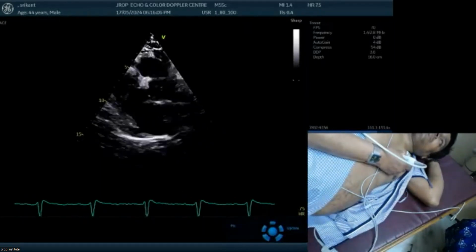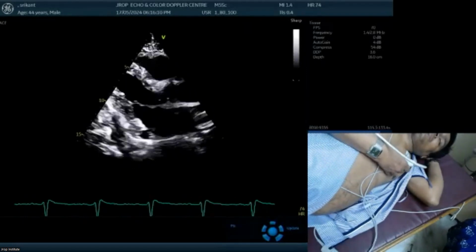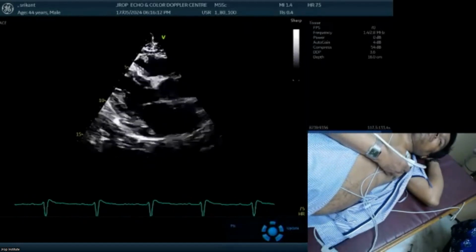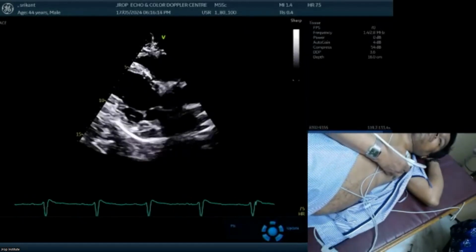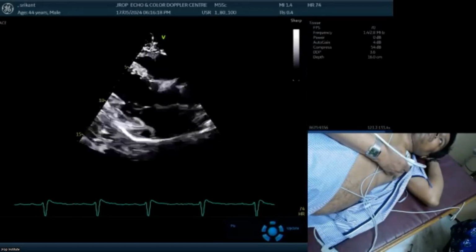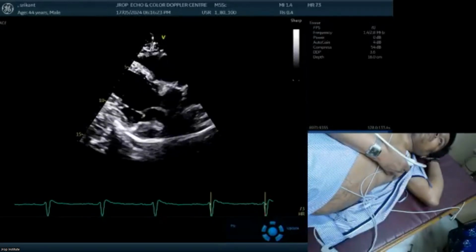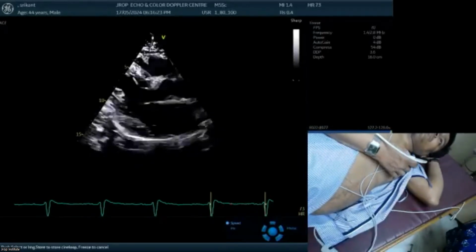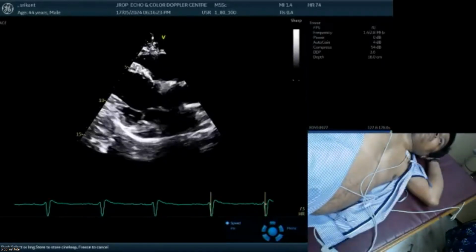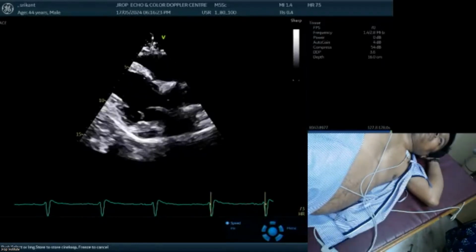Go to gallery, and once you go to the gallery, click on Drop Institute, double click on Drop Institute, and the screen will open up automatically. So this is how we look for a parasternal long axis view.